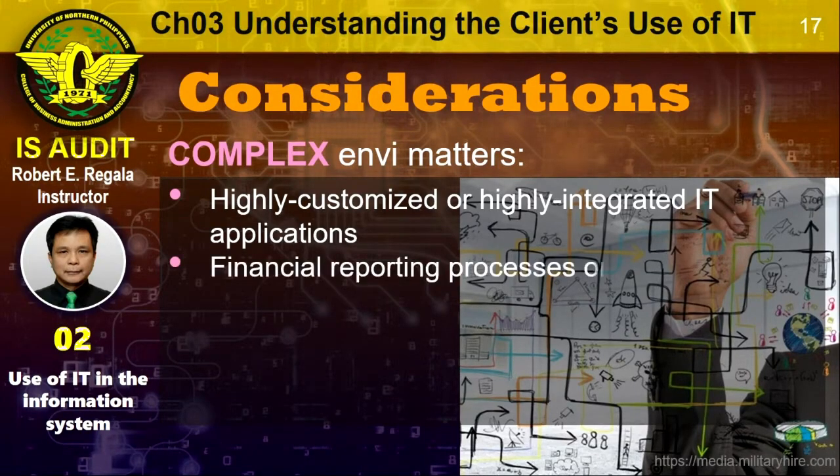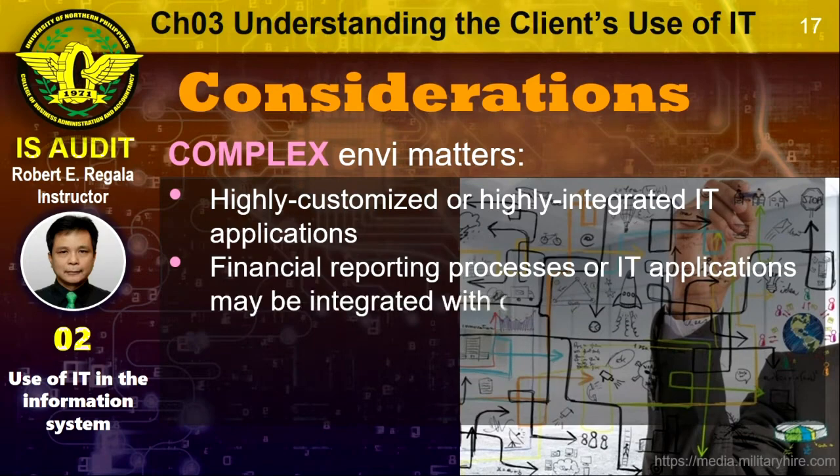Financial reporting processes or IT applications may be integrated with other IT applications. Such integration may involve applications that are used in the entity's business operations and that provide information to the IT applications relevant to the flows of transactions and information processing in the entity's information system.